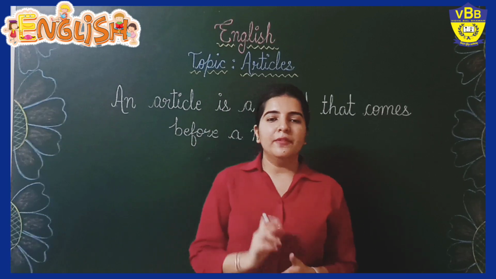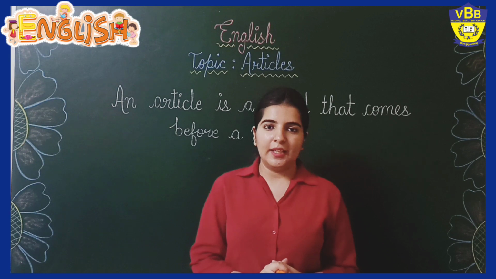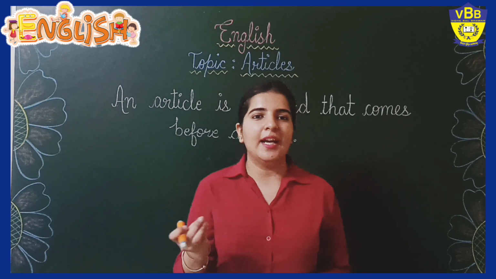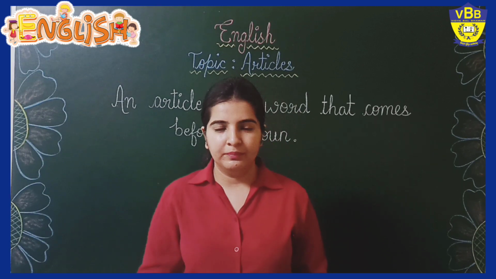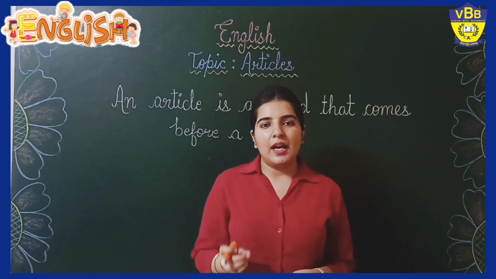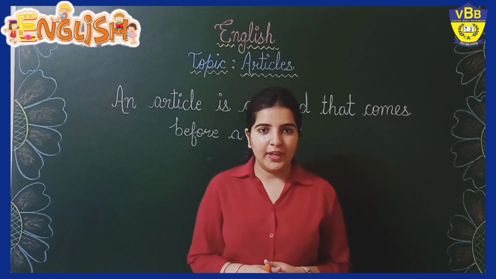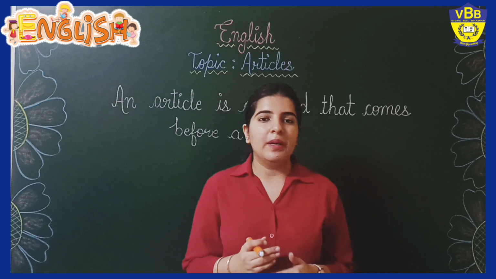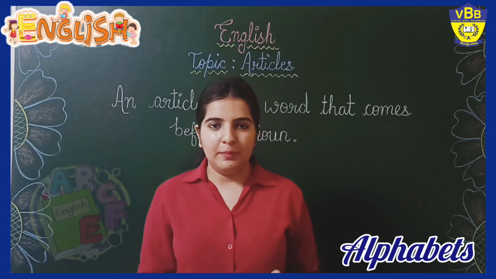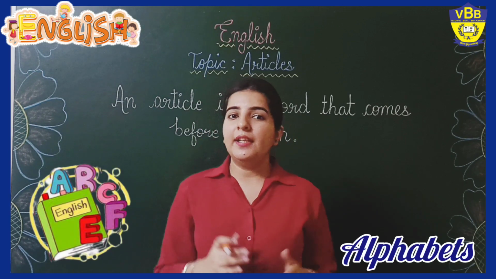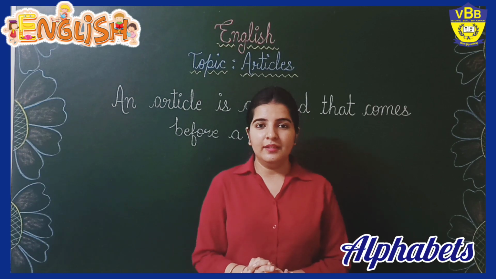Okay? So the very first thing in English, what is the basic thing that we start learning from? The basic things are the alphabets, right? We start English by learning about the alphabets. Can anyone tell me how many alphabets there are?